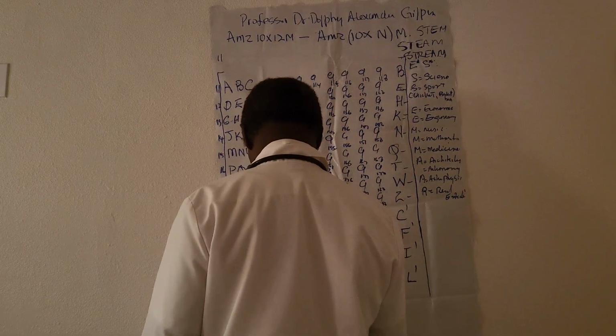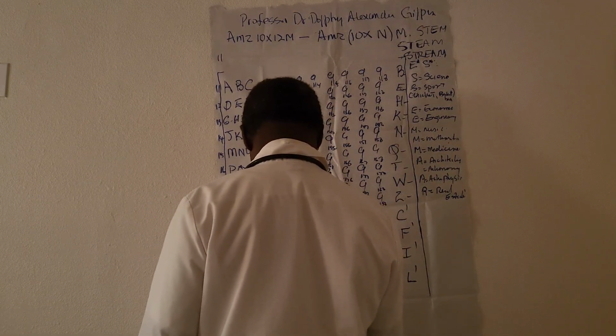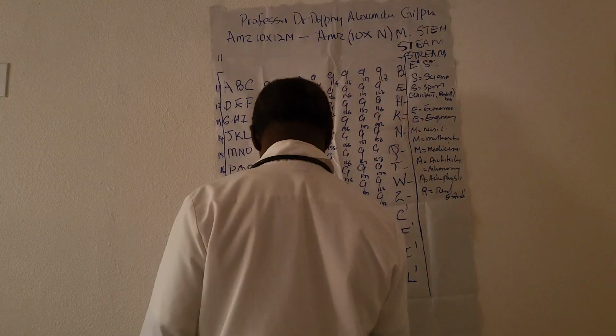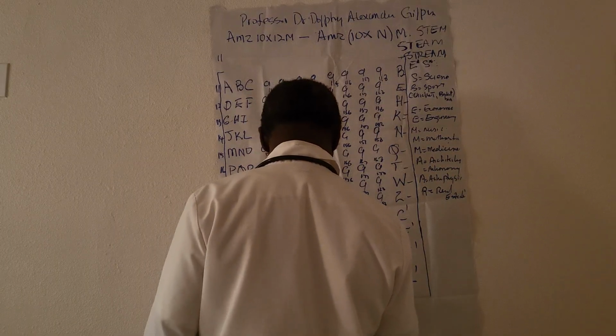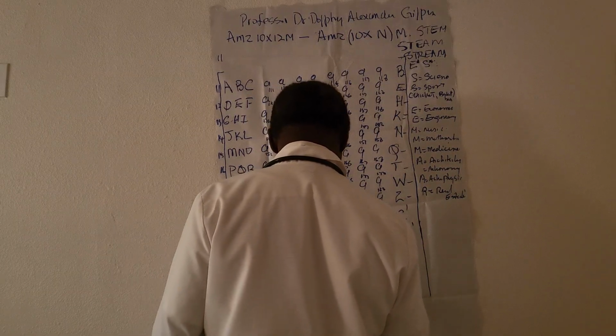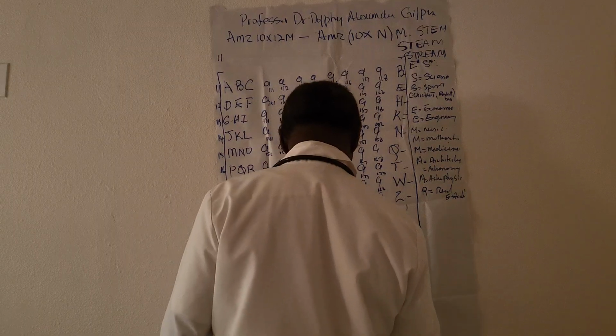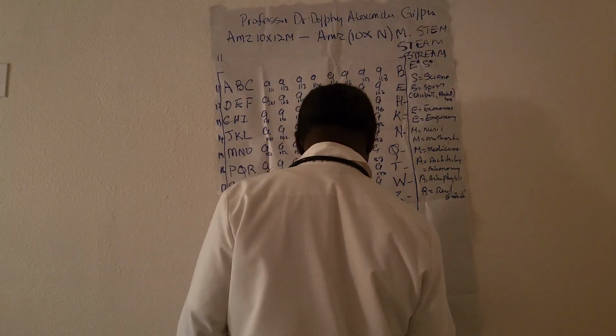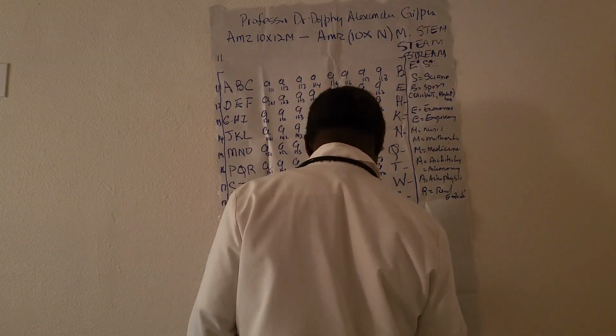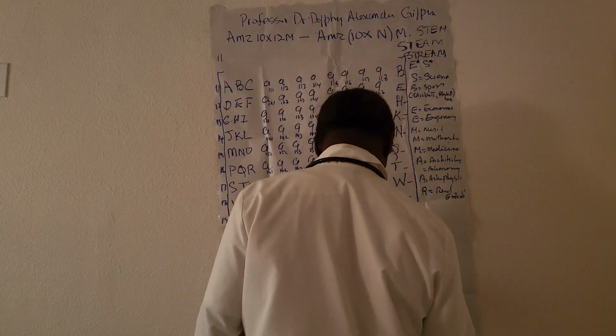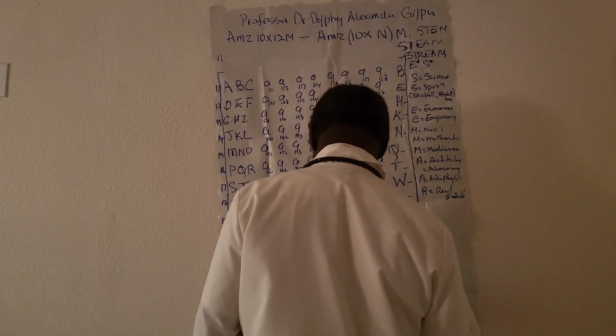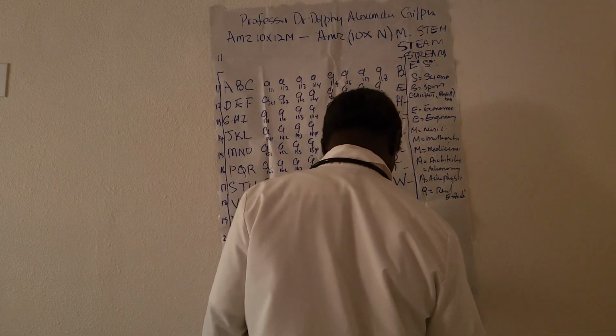Okay, so here we have NOP, A24-1, A24-2, A24-3, A24-4, A24-5, A24-6, A24-7, A24-8, and then O prime here.